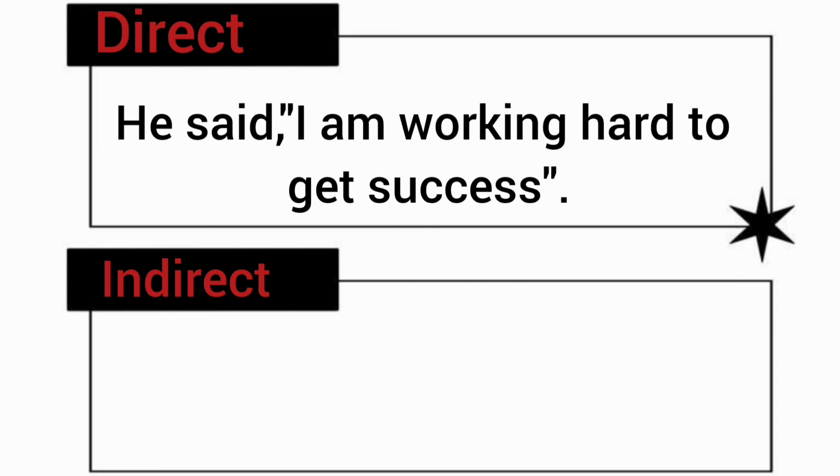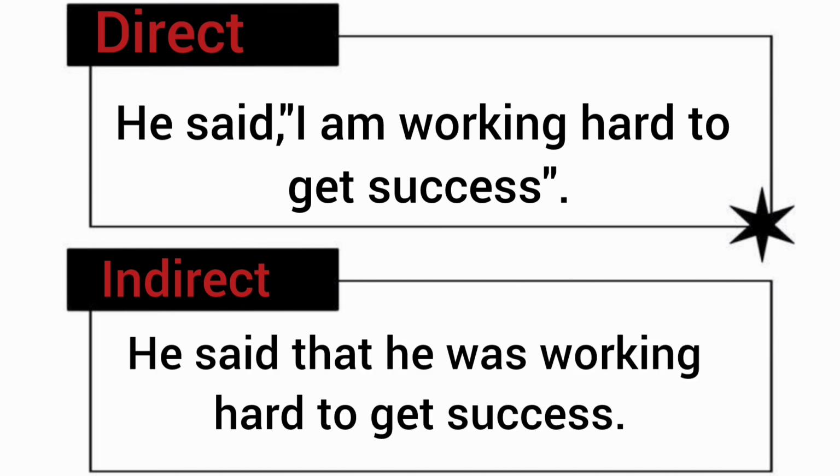So what will happen with this sentence? Again, the change of pronoun occurs. For now we'll go for this one pronoun, that is I, and later on we will change the pronoun for your understanding. The change will be, he said that he was working. Simply, I am will be changed into was working hard to get success.